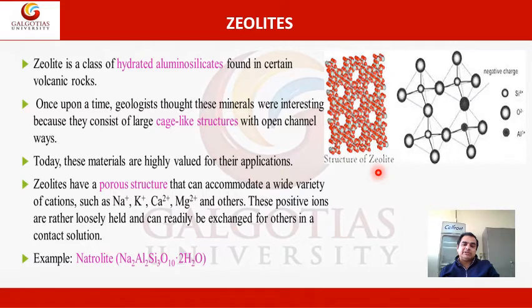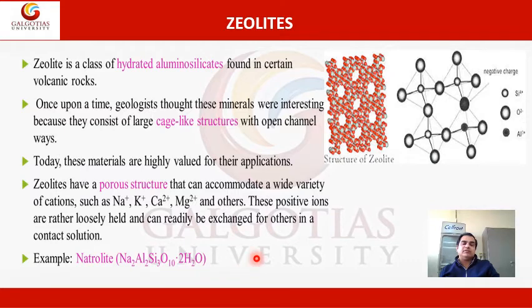So by utilizing brine solution in the water treatment process, we can also regenerate the zeolites so that they can be used again for water treatment. The natural example has Na2O, Al2O3, Si3O10.2H2O.